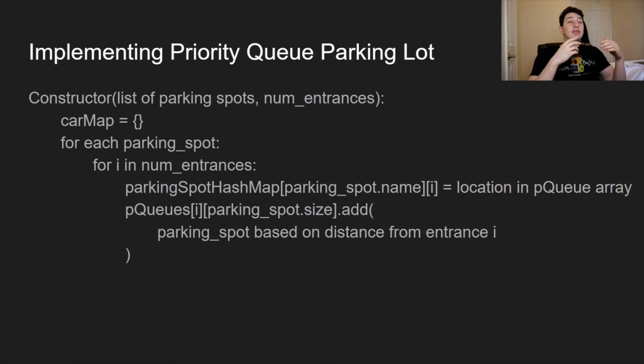For example, if it's a small parking spot, we need to put it in the small parking queue. And we're doing that based on the distance from entrance i. If you recall from the parking spot class, we have the distances to each entry, and so we're using that field to assemble those queues.